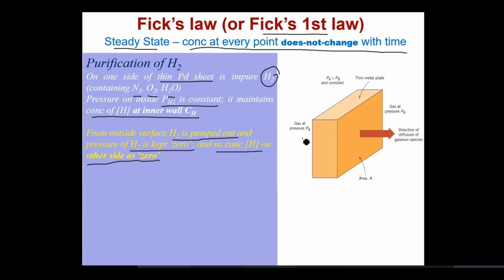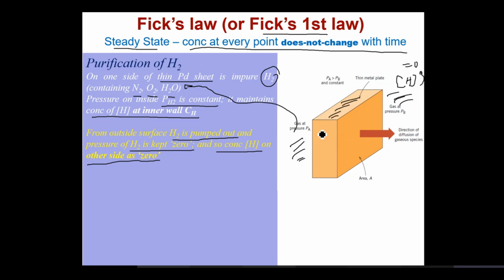Now, inside over here, you have a mixture of nitrogen, oxygen, and hydrogen. Outside over here, you maintain a zero pressure of hydrogen, so the hydrogen concentration is essentially zero, which you have maintained artificially.